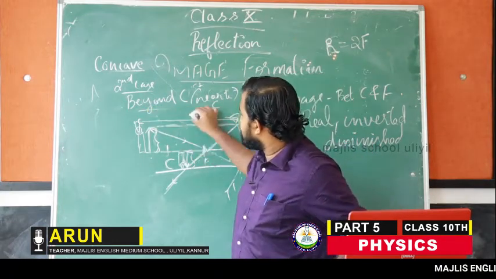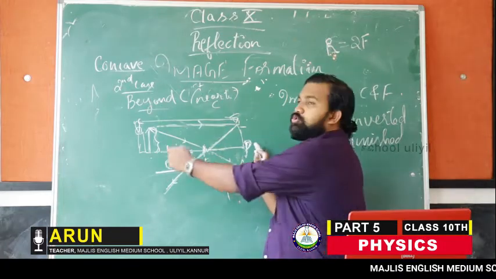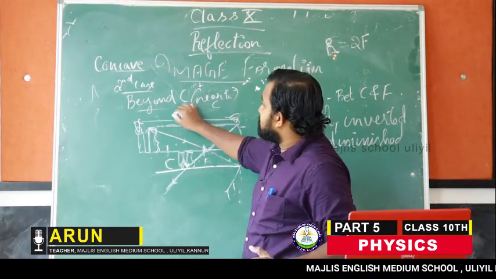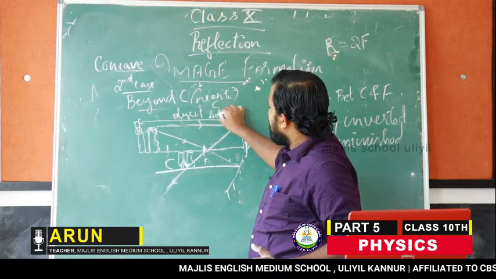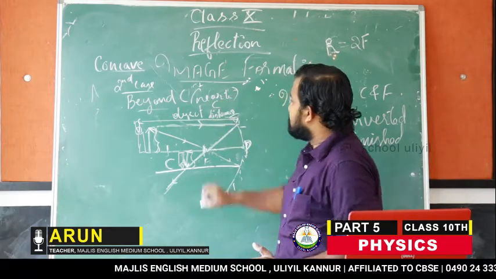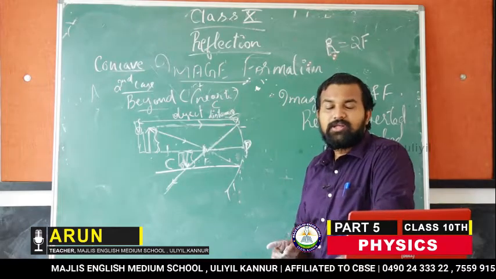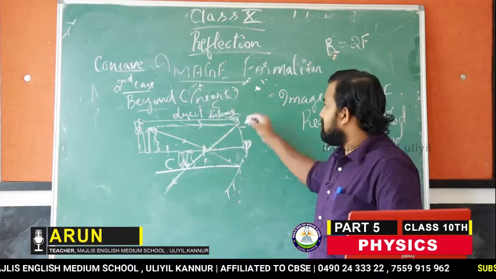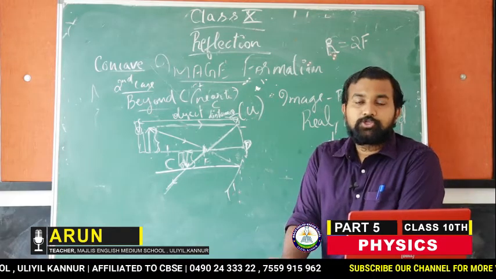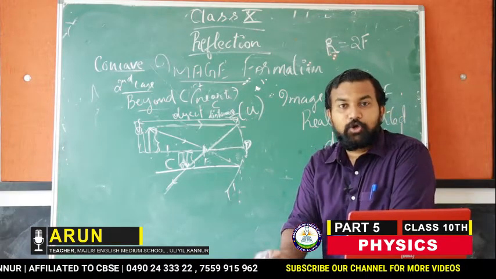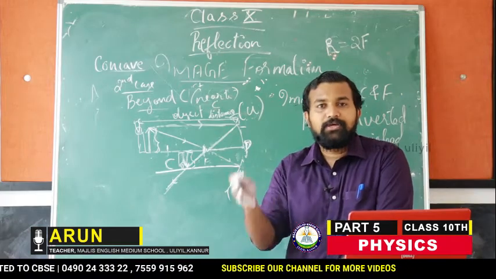If the distance is measured from the mirror to the object, that distance is called object distance, and we will be denoting it by the letter small u. So object distance means the distance of the object kept from the mirror.